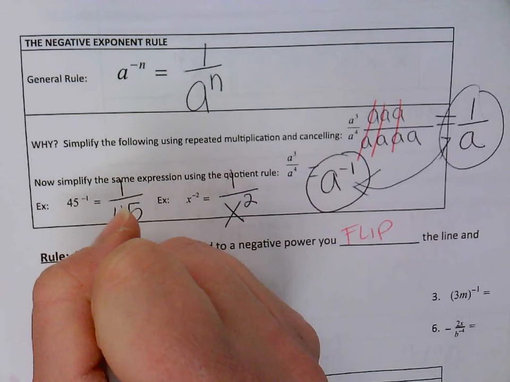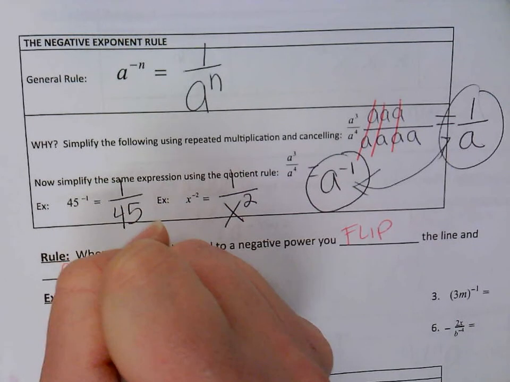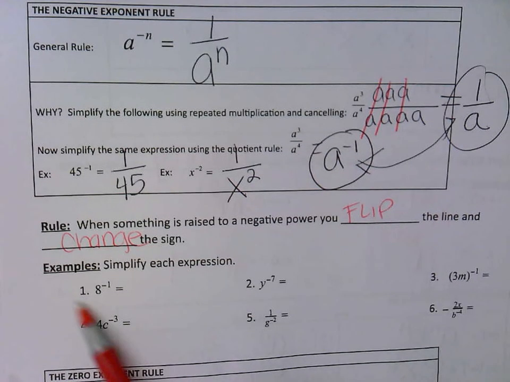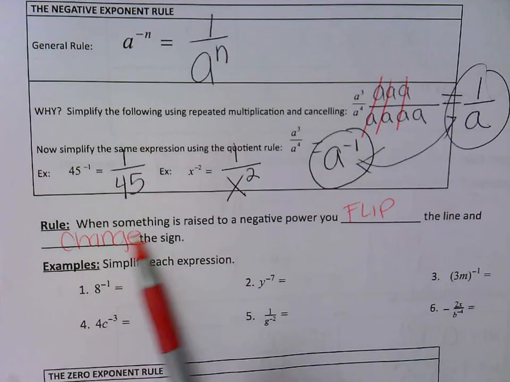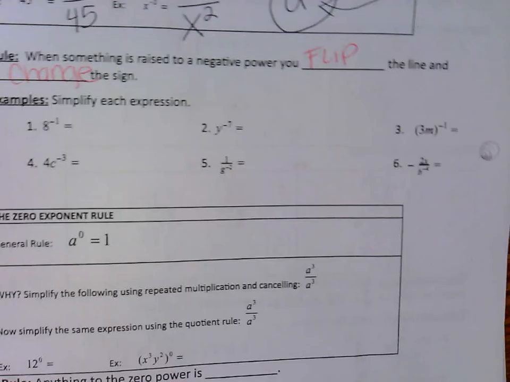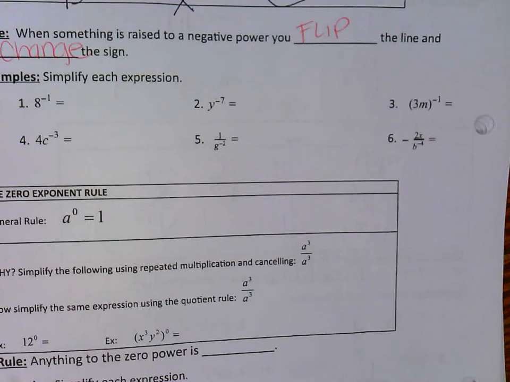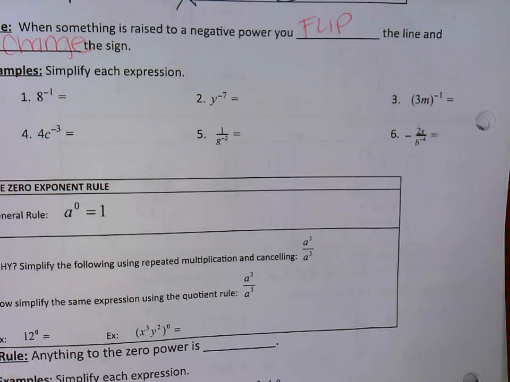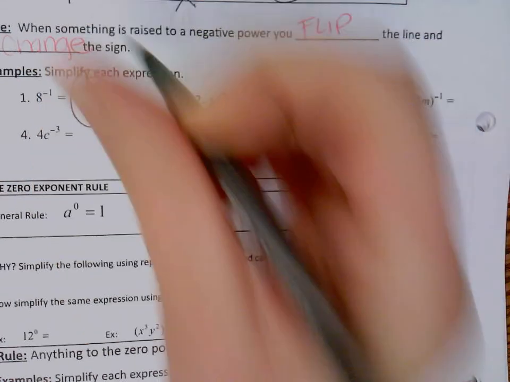So I flip it over and I change the sign to a positive exponent. So let's practice flipping these over together because some of them, when they're in the denominator, get complicated. 8 to the negative first would just become 1/8. There's no negative number written anymore. So make it positive, put it in the denominator.